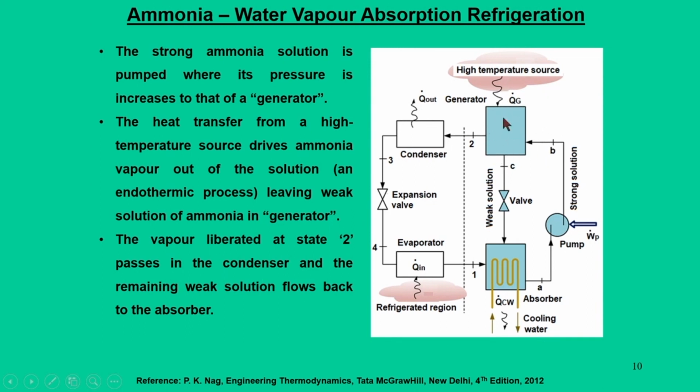It interacts with the high temperature source, heat is added to the strong solution, and only vapor comes out from the generator and goes to the condenser, where heat is released. Finally, the refrigerant vapor goes into the expansion valve, where its pressure drops, and it goes to the evaporator and takes heat from the space which is to be cooled.